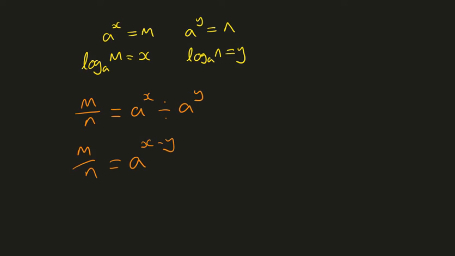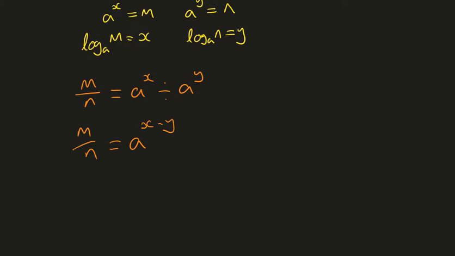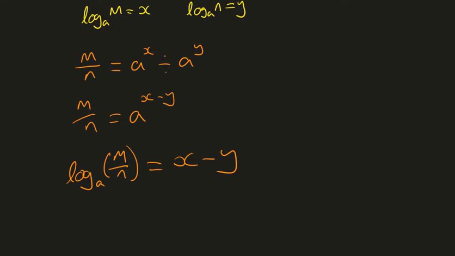And if I can do that, again, I can take logs of both sides. Just write this as a logarithmic expression. What is it that I raise a by to get m over n? Well, I raise it to the power of x minus y. And again, we've got the statement at the top there for x and y.